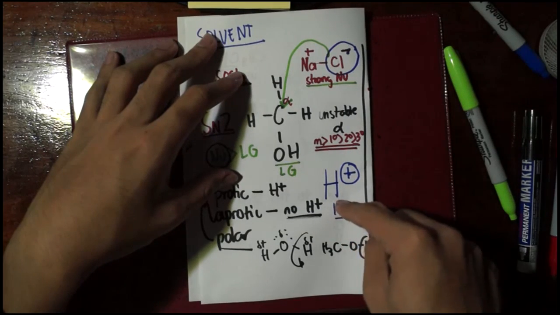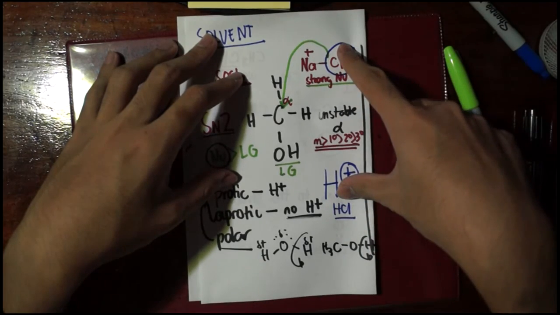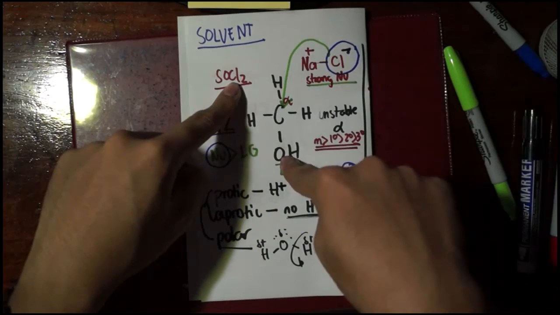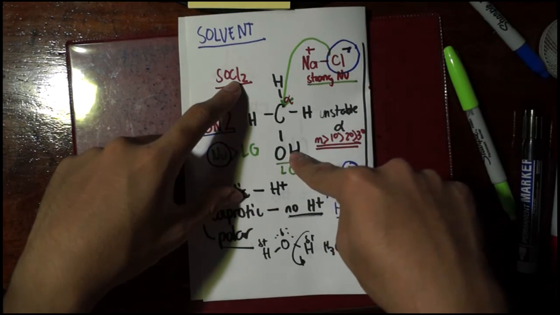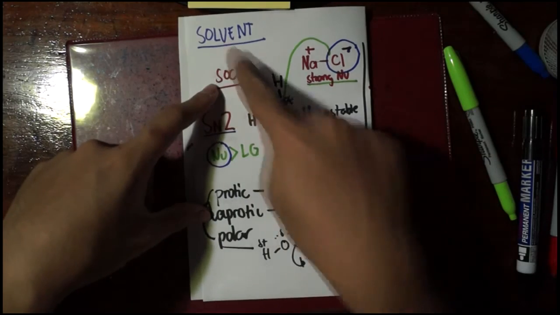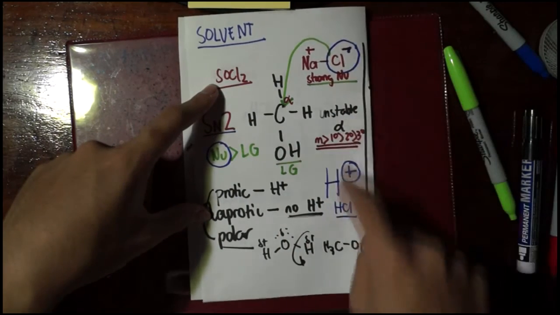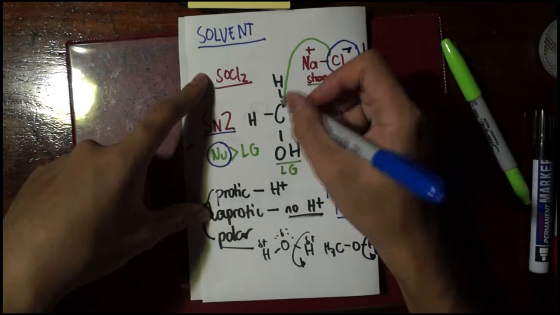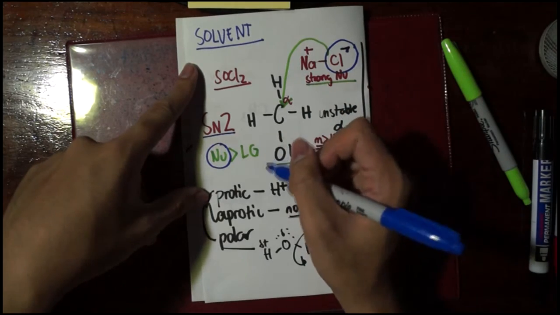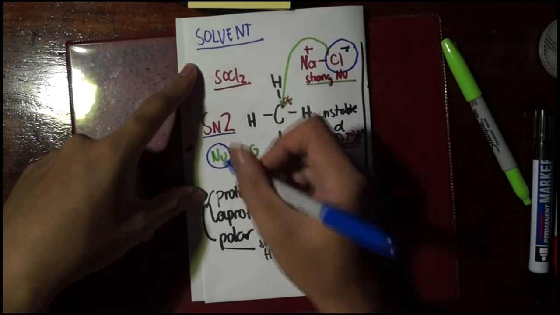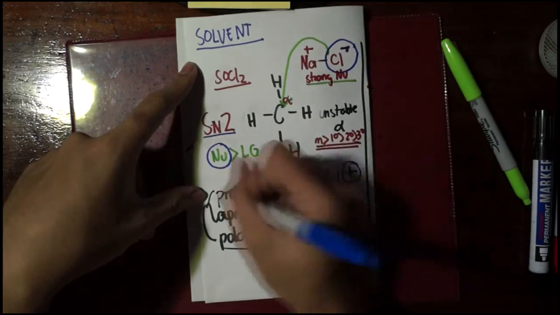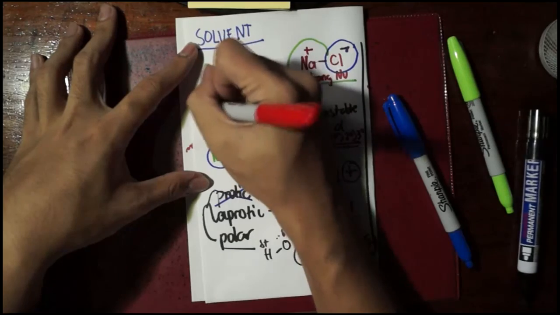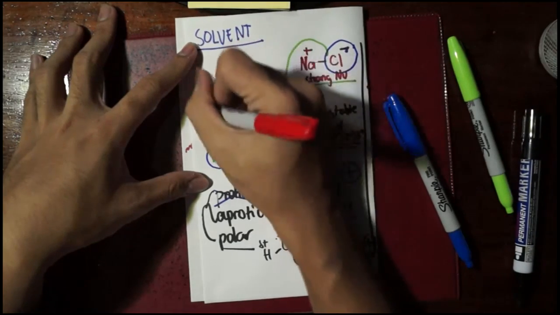The answer is no, because if these react together, then you cannot form the product you want anymore. You want the chlorine to substitute the OH, but that cannot happen because the hydrogens being produced by the solvent are already taking up the nucleophile. So it's as if hydrogen here is blocking the way for the reaction. So in SN2 we do not want a protic solvent. We need an aprotic solvent.